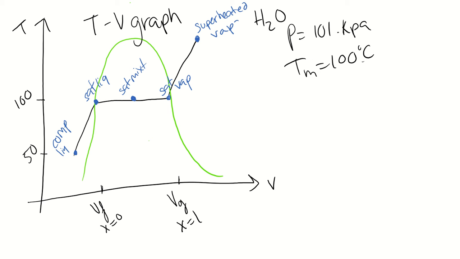Now, if we change the pressure, let's say we increase the pressure to 200 kPa, the boiling temperature is going to increase. So the graph will shift upwards, where the variation in specific volume will decrease.